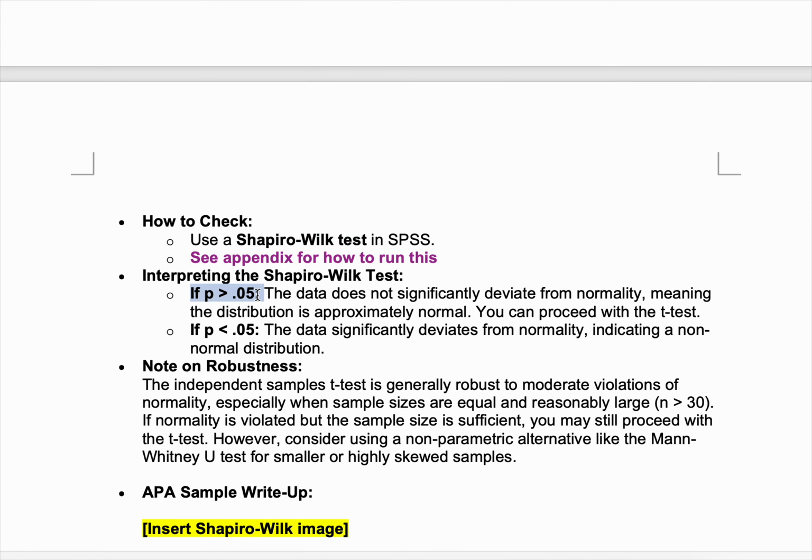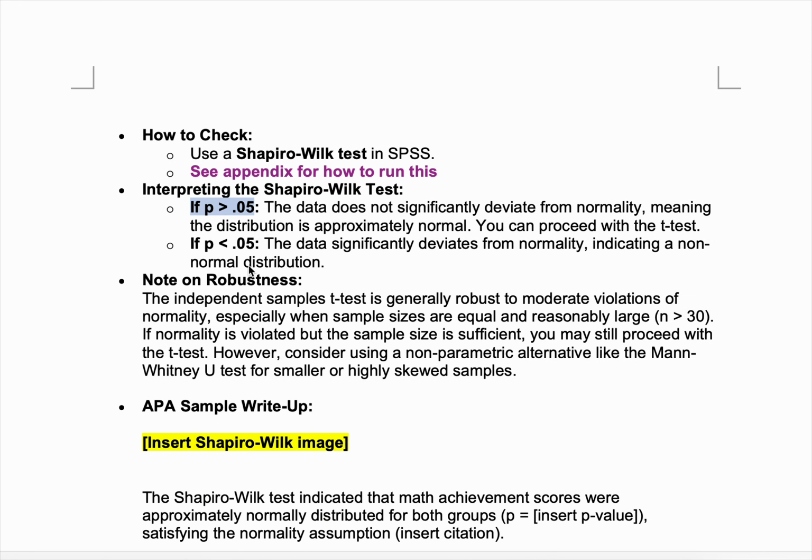If your p-value for the Shapiro-Wilk is greater than 0.05, that means it's not significantly different from normal, meaning that we can proceed with the test. So we say, if the p-value is greater than 0.05, this is normally distributed. If it's less than 0.05, then it deviates significantly and it violates the assumption of normal distribution.